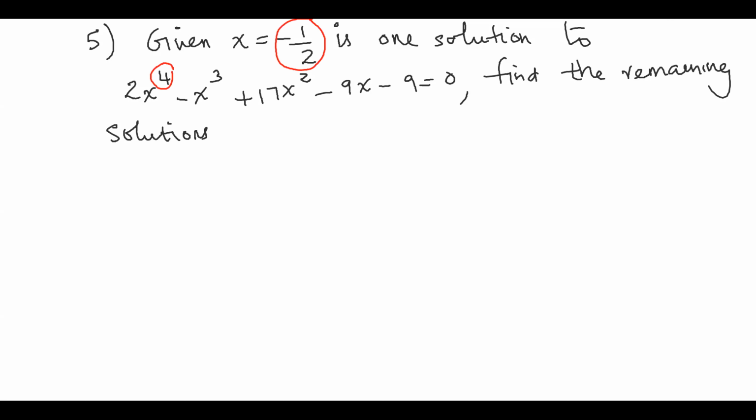So we are going to apply the rational zeros theorem. Let's first write all the possible rational zeros.